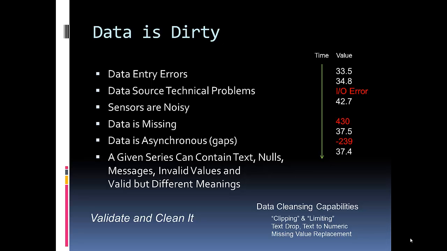So what you can do is pull forward the previous value. So that gap that's in there between 42.7 and 430, that might be pulled forward with another 42.7. That's the best guess of what the value should be, given that you don't have any other information.